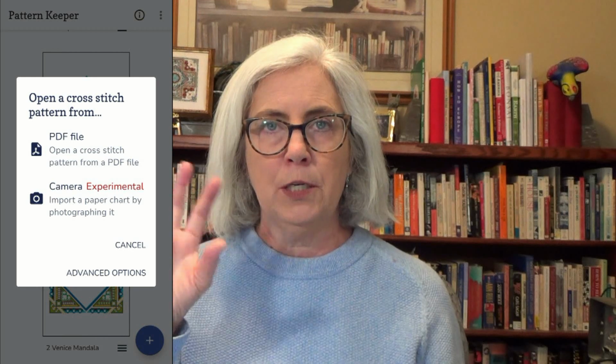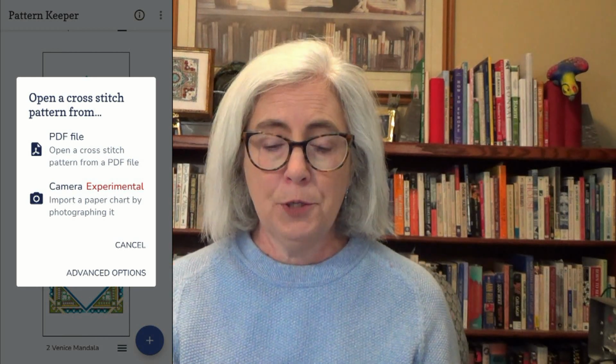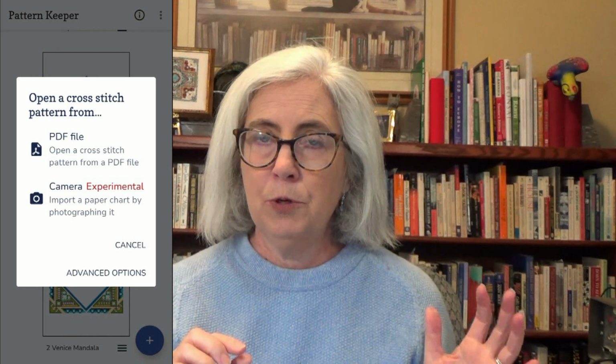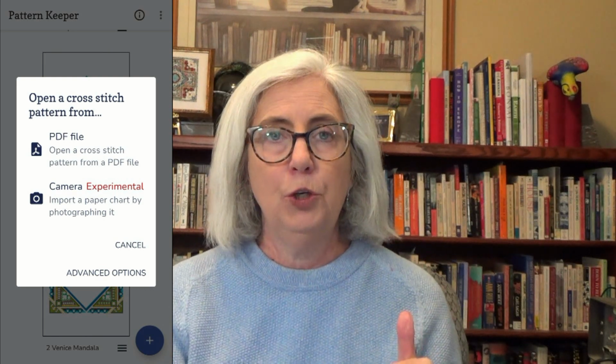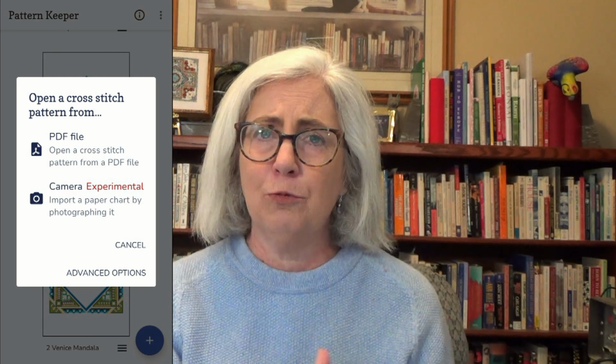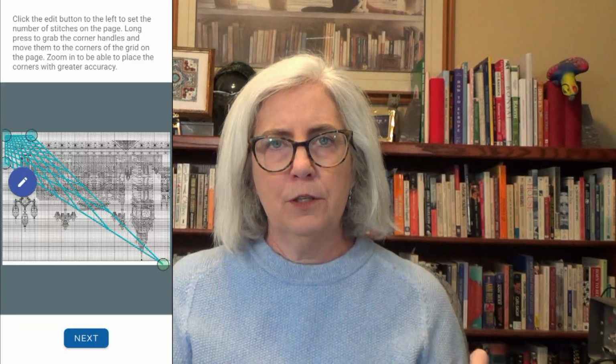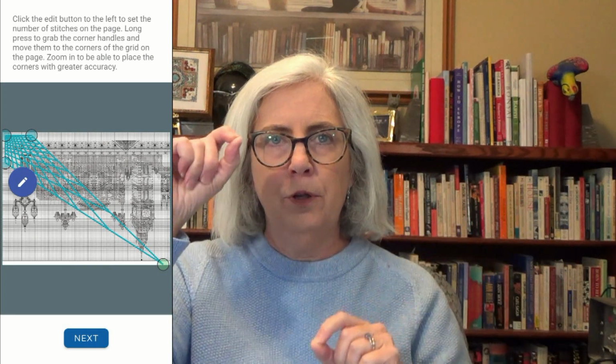When I first showed you the screen where we talked about the PDF, there's also that camera option, and this can be used to import a paper chart by photographing it. You could take a screenshot, like the things I've been talking about, and load that screenshot directly using this camera option, but I found it a little finicky to work with. The stretching of the screen is not those nice round things that you can just pull and easily align.